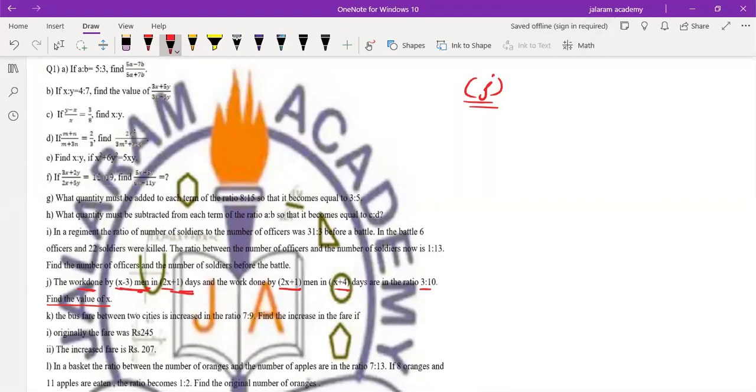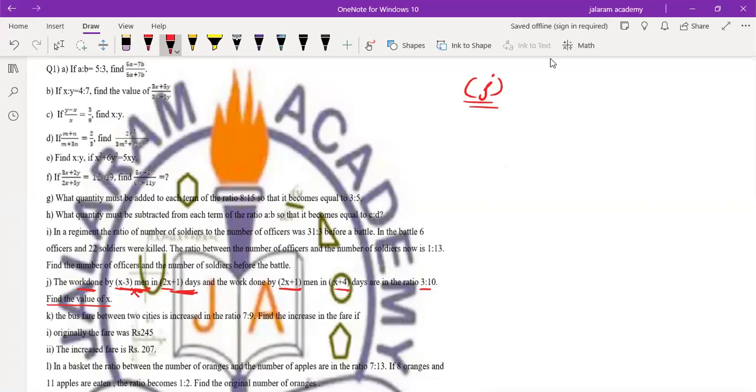Inverse relationship means that on increasing one, the other decreases, they are inversely proportional to each other. If we increase the men, fewer days will be needed. If we decrease the number of men, more days will be used.